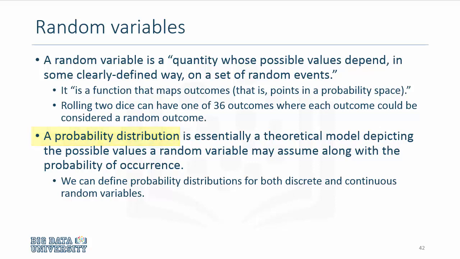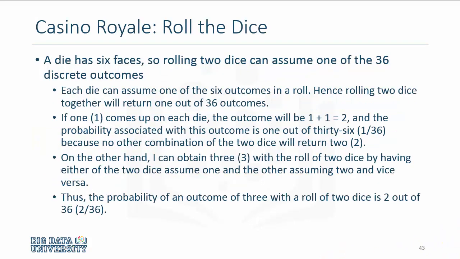We'll define this more with examples using 2 dice. So consider 2 dice. A die has 6 faces. If you roll 2 dice, it can assume 1 out of 36 discrete outcomes. If you were to roll 2 dice, the probability that both dice would have 1 as the outcome would be 1 plus 1, 2, and there's only one possibility of getting that, and that's 1 out of 36.